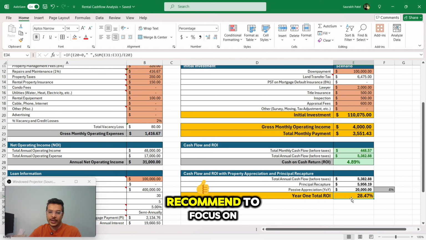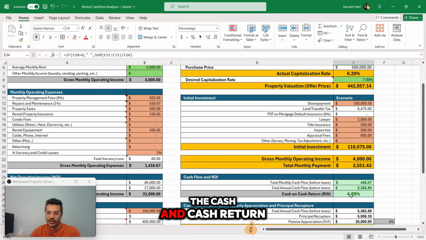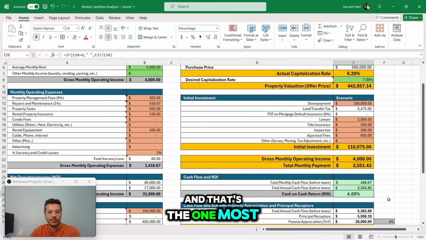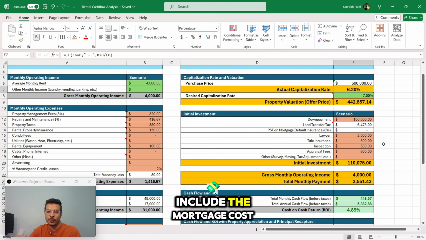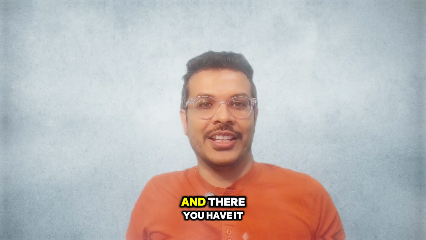So I would not recommend focusing on this one when you are buying a property. The only number I focus on mostly is the cash on cash return, how much return you are getting based on your initial investment, and that's the most important thing. I do not even encourage looking at the cap rate number because it does not include the mortgage cost.